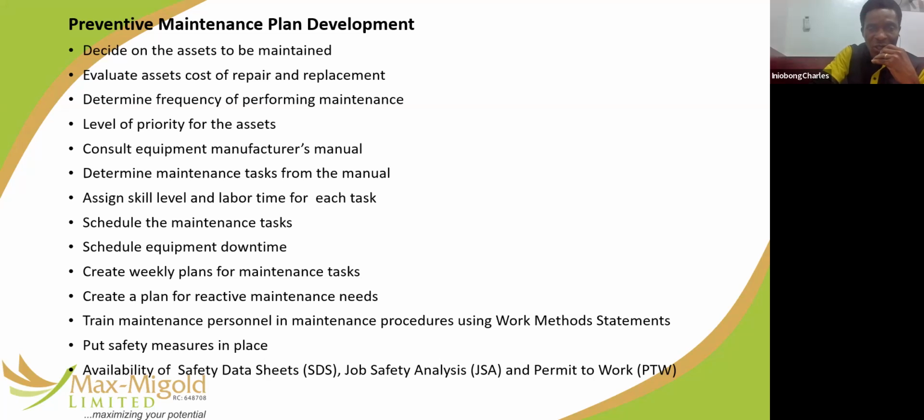Put safety measures in place: availability of safety data sheets, job safety analysis, and permits to work. There are some maintenance activities that you must have a permit to work to carry out. If you are working in, say, an oil company, you will see that they don't do their work without permits to work.